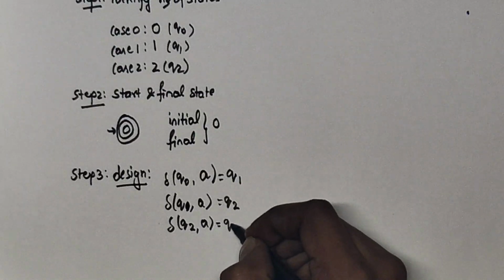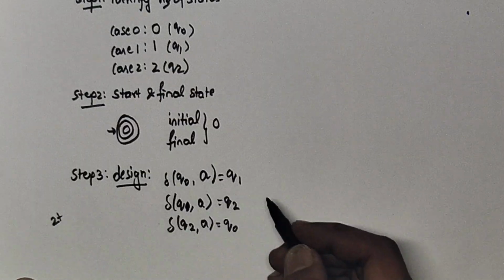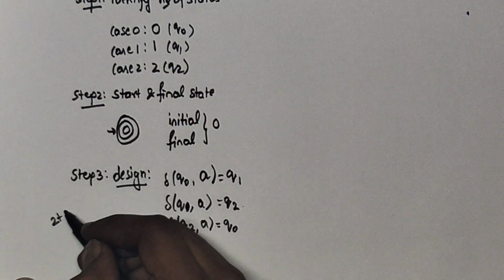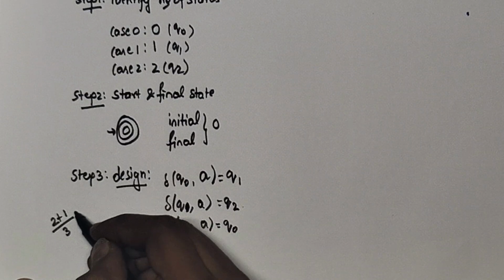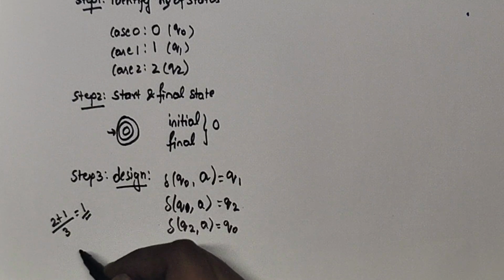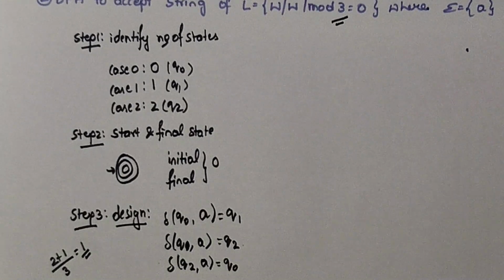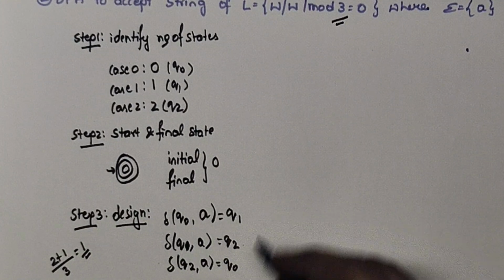So it will again go to Q0. If you see here, Q2 has remainder 2. If I add another A, it will be 3. 2 plus 1 will be 3, and 3 divided by 3 gives remainder 0. Now we have written all the 3 possible transitions in the transition table.